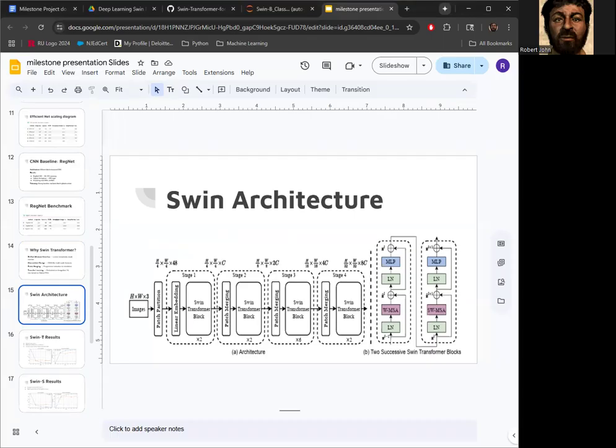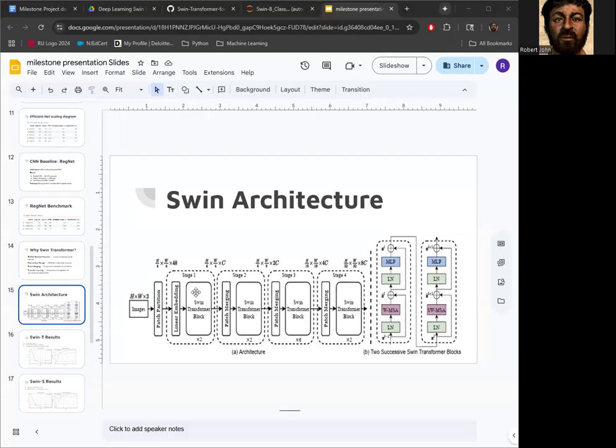This is a diagram of the Swin architecture. If you look on the left side, just a brief explanation of what's going on. You see the H by W by 3, the 3 channels for RGB. First, it splits into non-overlapping patches, often 4 by 4 pixels, which are then embedded into feature vectors.